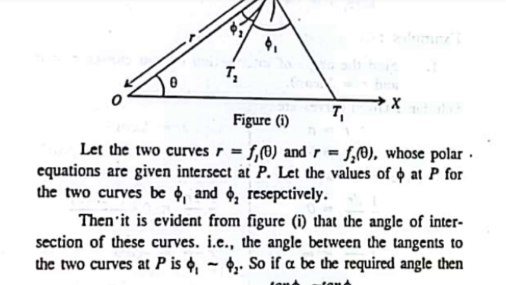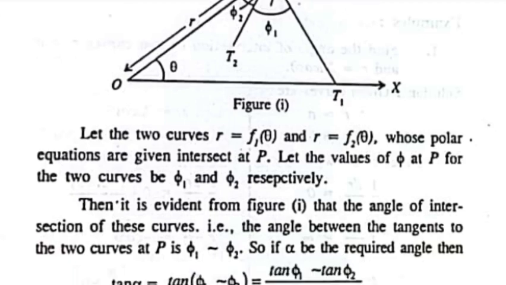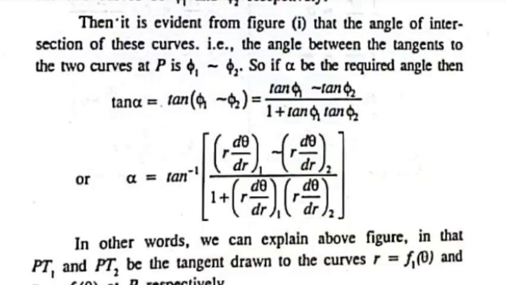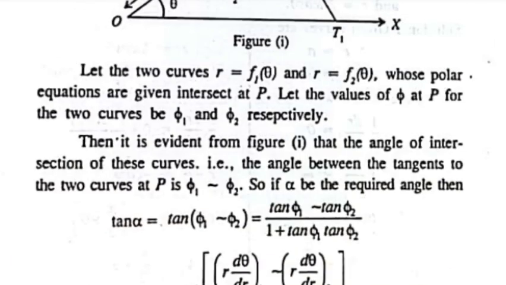Apply the tan of a minus b formula and you will get alpha is equal to tan inverse of (tan phi 1 minus tan phi 2) divided by (1 plus tan phi 1 tan phi 2), where tan phi 1 is r d theta by dr for curve 1, and tan phi 2 is r d theta by dr for curve 2. Here 1 and 2 imply curve 1 and curve 2. So this is the formula for the angle of intersection of two curves.